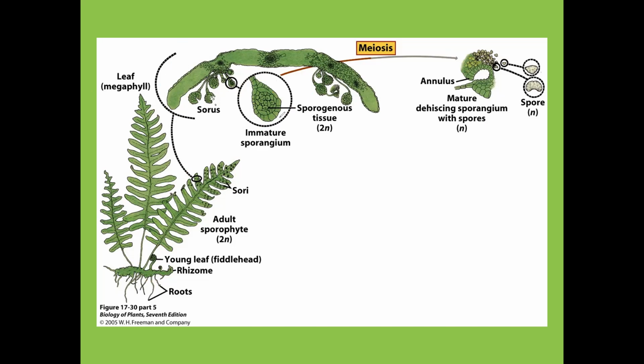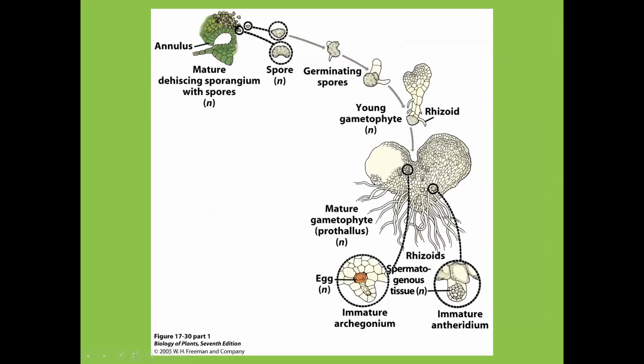We would see the spore generating tissue eventually, because when the sporangia are mature, that annulus that we talked about before, that special layer of cells, will pull back and allow the sporangium to shoot the spores out, right? And that's what the videos that I posted show you guys.